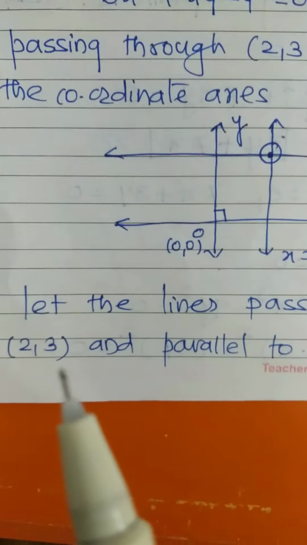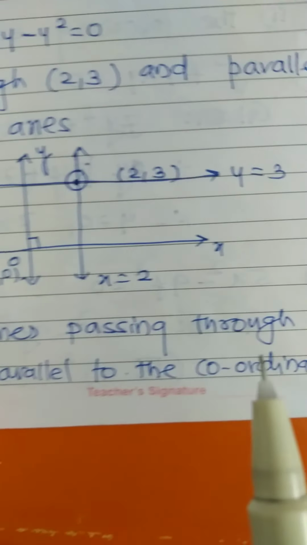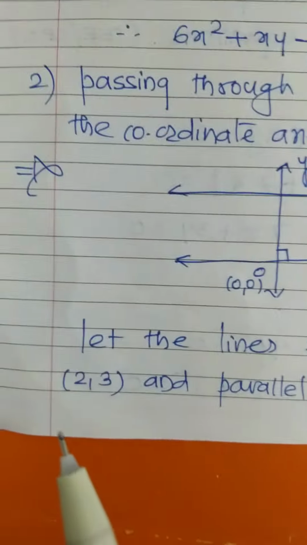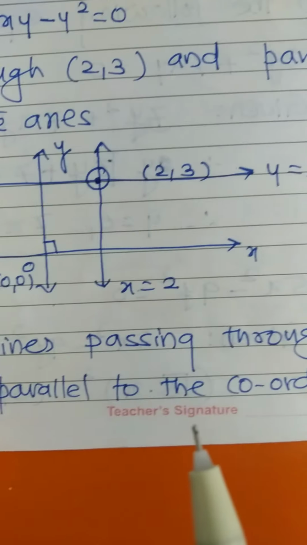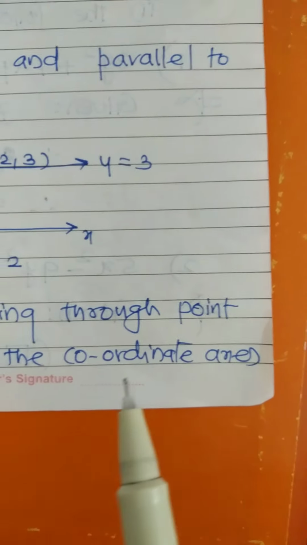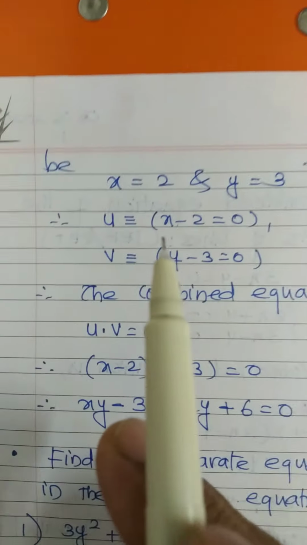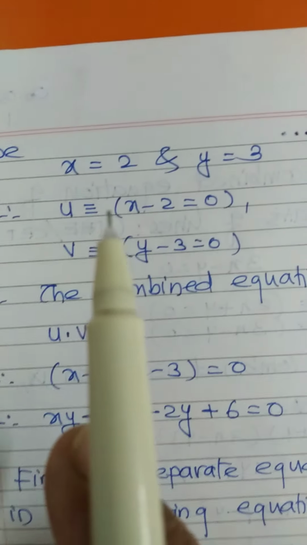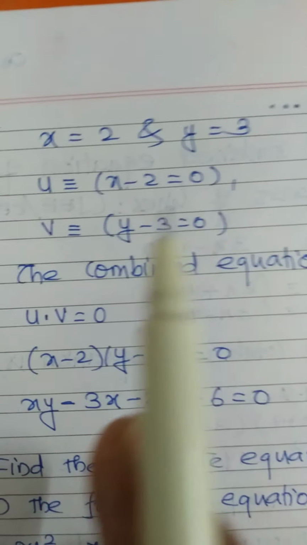So basically, the lines passing through the point (2, 3) and parallel to the coordinate axes are x equals 2 and y equals 3.